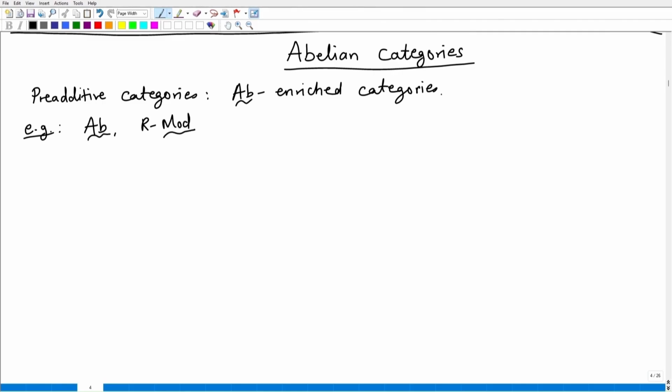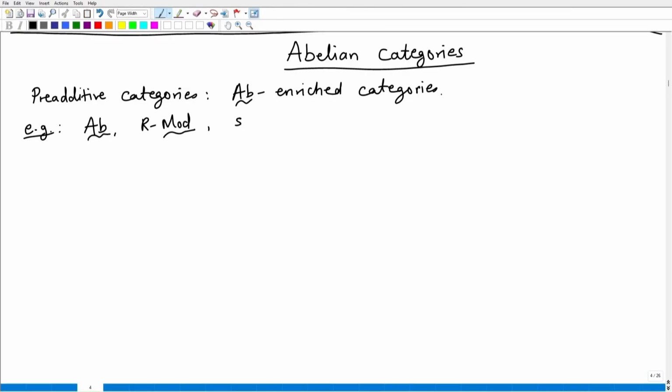Okay, anything else? You only know these two examples, nothing more? Two classes of examples, I should be precise. Okay, what about a single object pre-additive category?